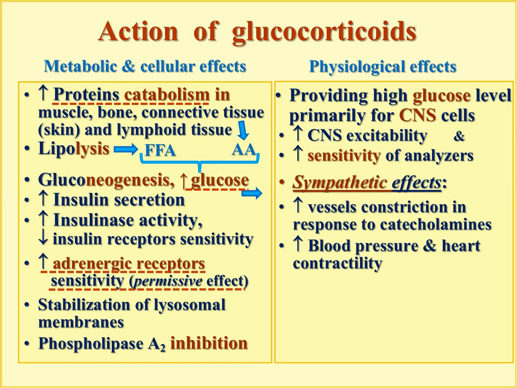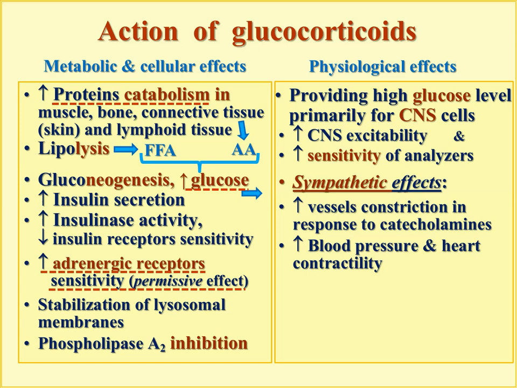Adrenergic receptor sensitivity increased, permissive effect, produces a number of sympathetic effects again. But here vessel constriction in response to catecholamines predominates. So the same level of catecholamines may produce normal effects when cortisol is normal, may produce excessive constriction when cortisol is too high, and may produce even no effect when cortisol is absent.